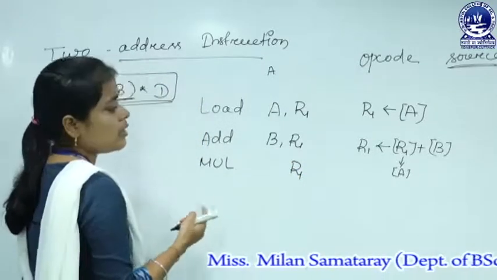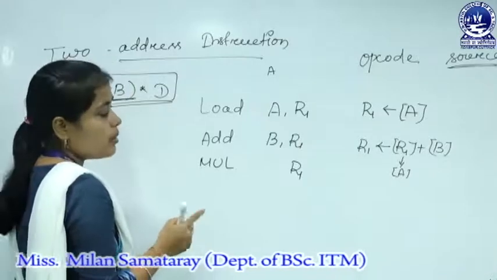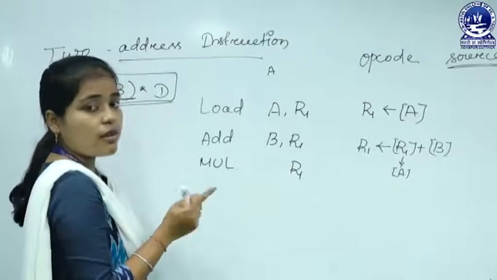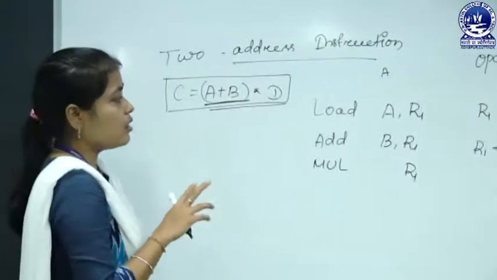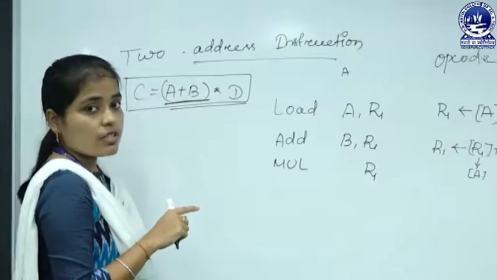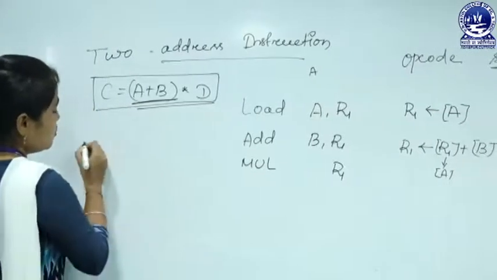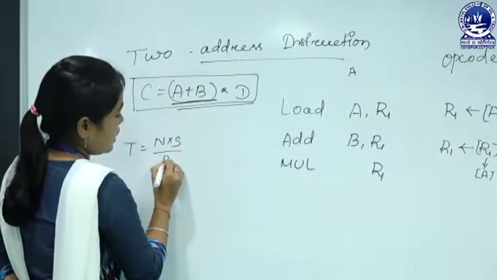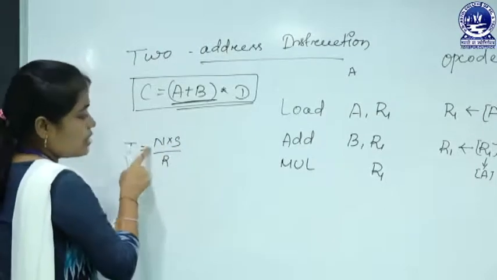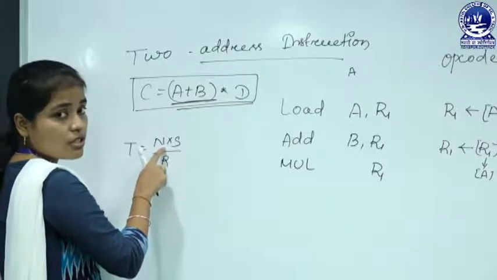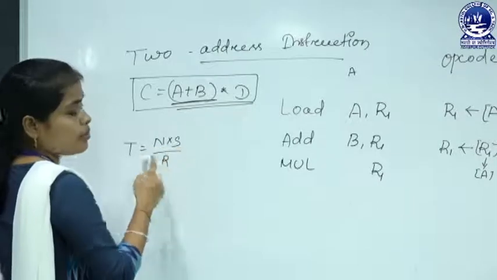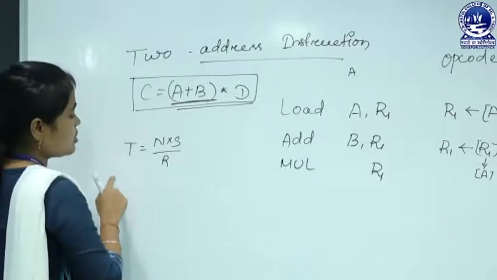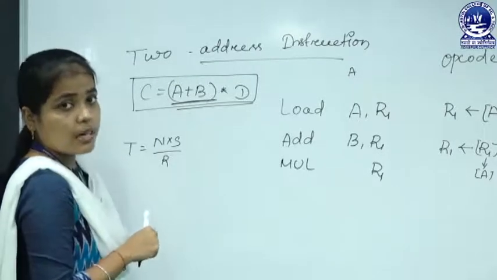You can also take another register, but you have to write fewer instructions, because when I talked about the basic performance equation, we saw that T equals N into S by R. So we have to decrease the number of instructions so that we can decrease the number of steps, then we can easily decrease the execution time or elapsed time.